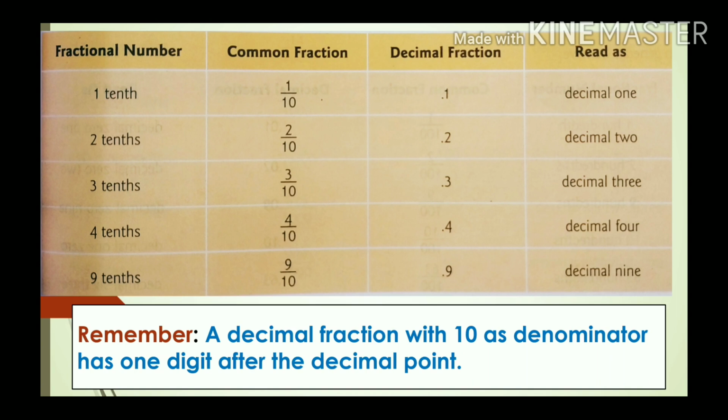For example, 1 by 10 is written and read as 0.1 or decimal 1, and 2 by 10 is written and read as 0.2 or decimal 2. Now 3 by 10 is written and read as 0.3 or decimal 3.